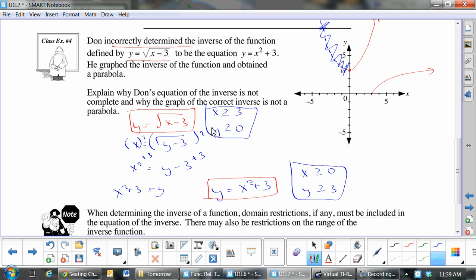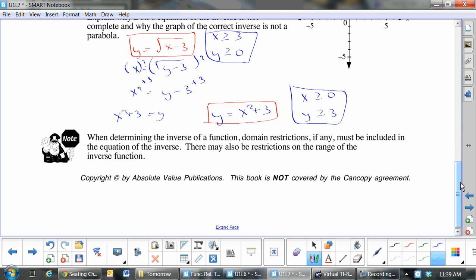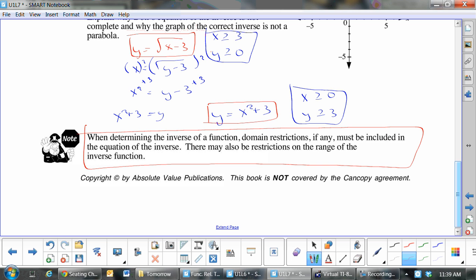Because you must do an inverse of the equation, but you must also keep the domain and range from the first one and change it into the range and domain. So this final thing right here: when determining the inverse of a function, domain restrictions must be included in the equation of the inverse.